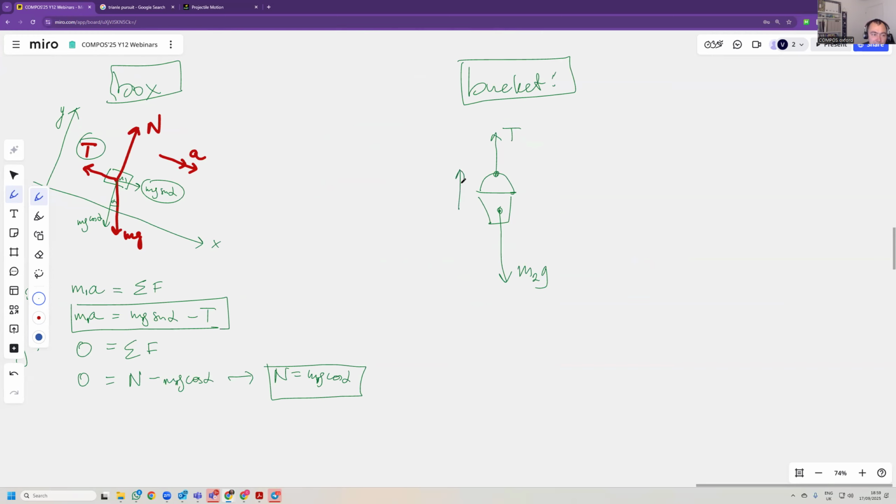And the bucket is moving up with acceleration. So mass times acceleration of the bucket is the sum of forces. Mass times acceleration, M2a, is T minus M2g.